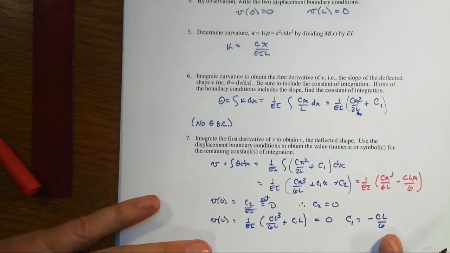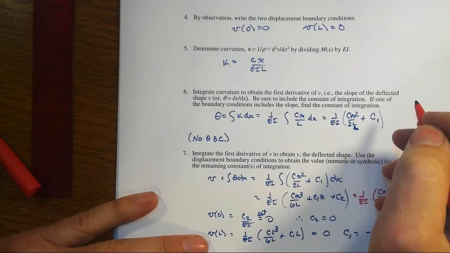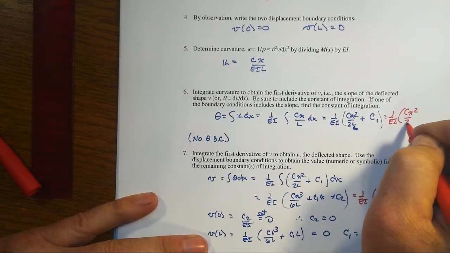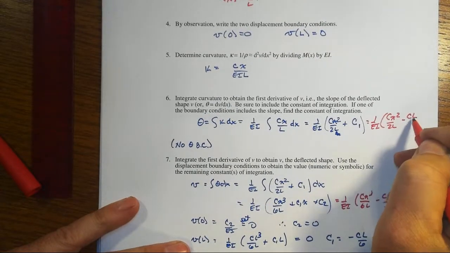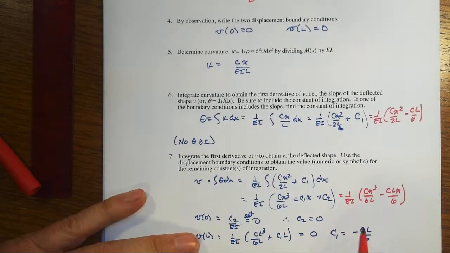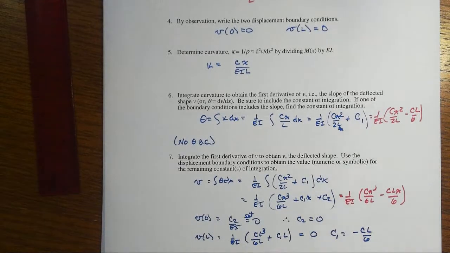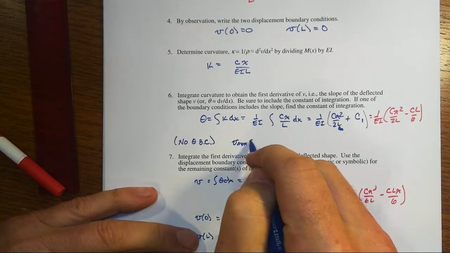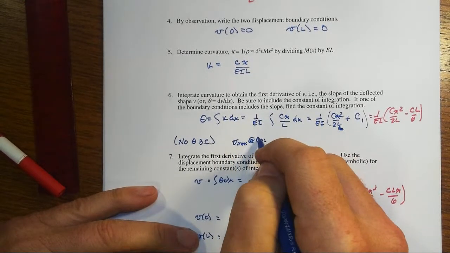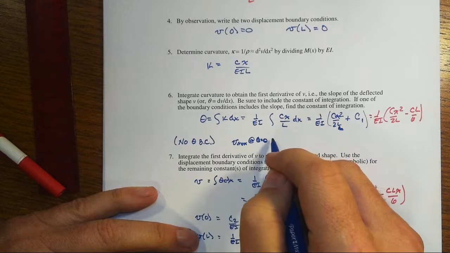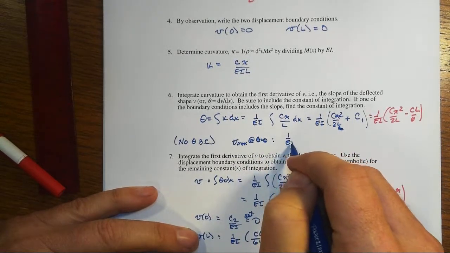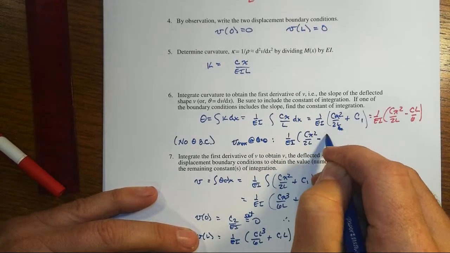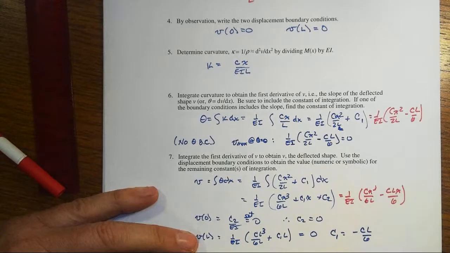Alright, now to find the maximum, let's go back. We now know what C1 is, so this is 1 over EI times Cx squared over 2L minus CL over 6. Right, now we can find where theta is equal to 0, right? V max is at theta equal to 0. So that would be 1 over EI times Cx squared over 2L minus CL over 6 has to be now equal to 0.